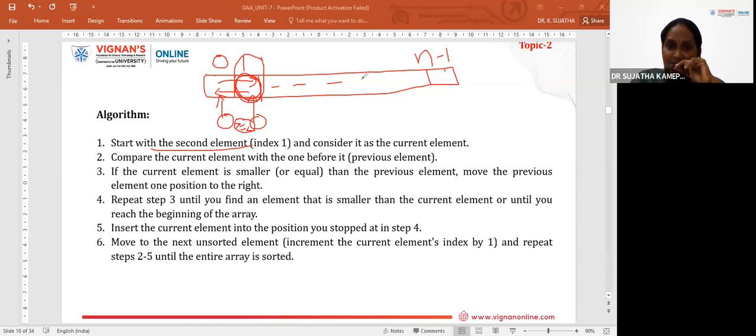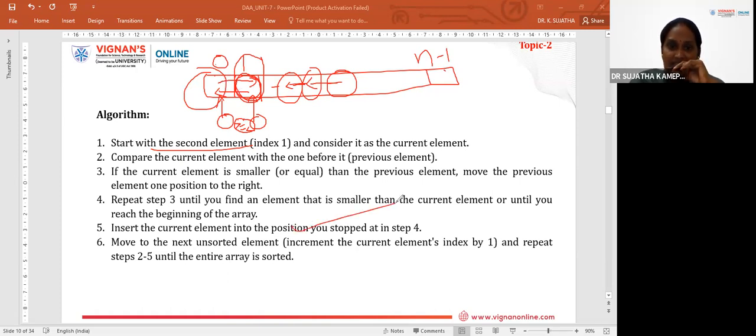Suppose you find a smaller element here; first you compare with this one. If it is smaller than this one, then you need to move it here. Again, it is compared with the next one, and you move it again. This process continues till you find a smaller element before it, or otherwise till it reaches the end of the array.